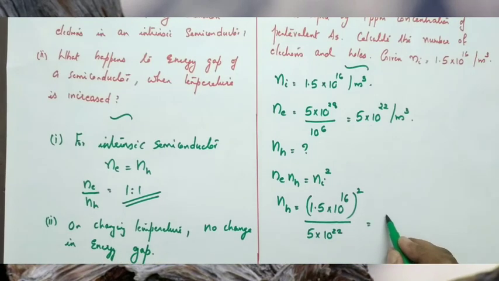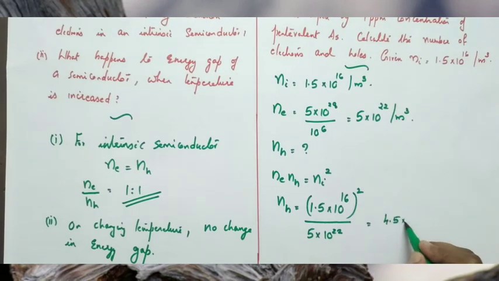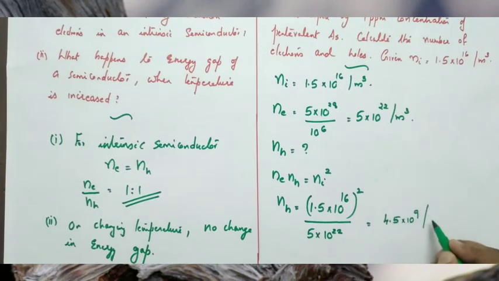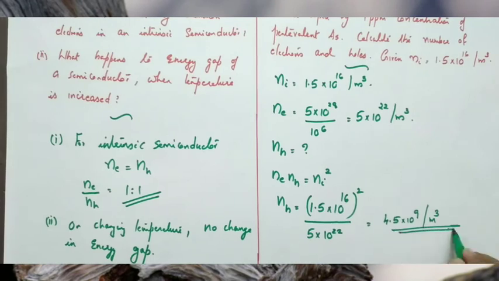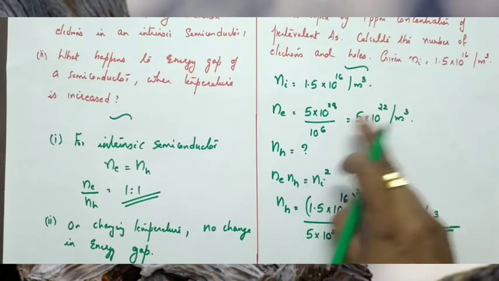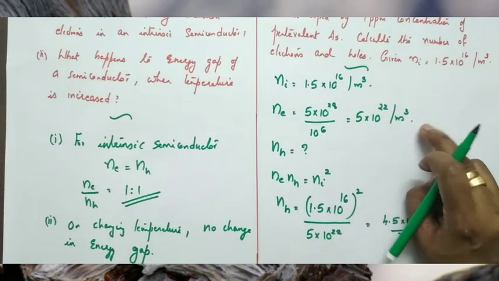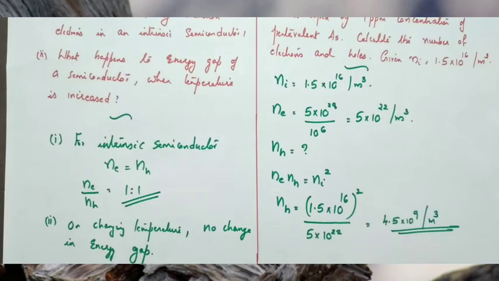On simplification, you will get 4.5 × 10^9 per meter cube. So, this represents the number of holes and this is the number of electrons. Number of electrons is greater than number of holes. Therefore, the obtained semiconductor is an n-type semiconductor. Okay.